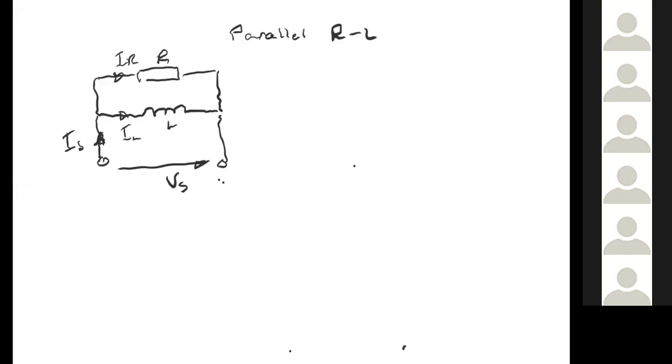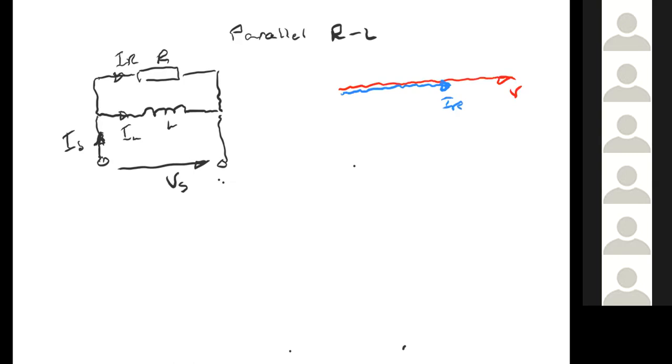Phasor diagram wise, because the voltage is common, the voltage is our reference phasor, whereas in the series circuit, it was the current that was the reference phasor. And then we've got the current IR, which is the in-phase component. Remember, current and voltage on a resistor are in phase with each other.